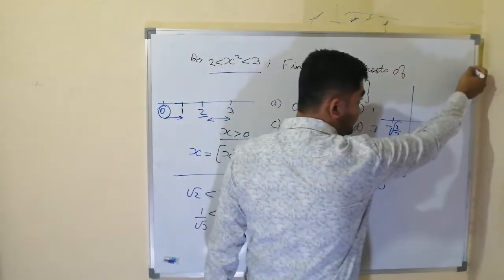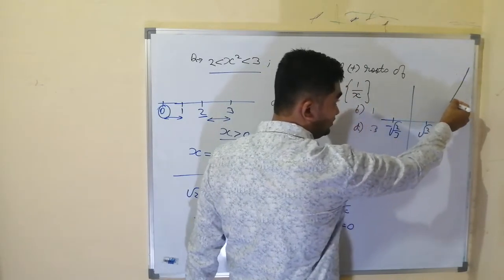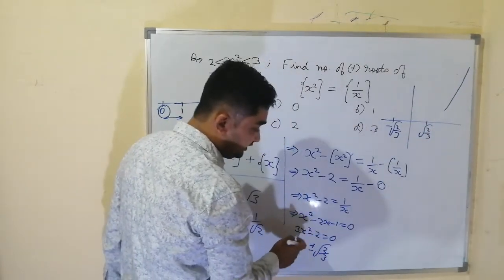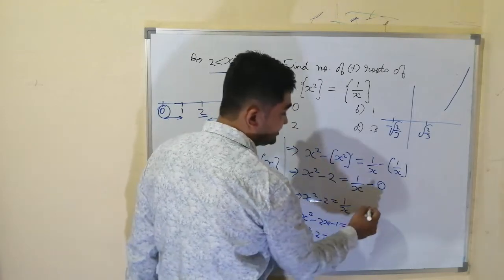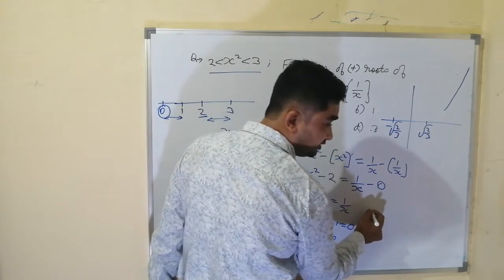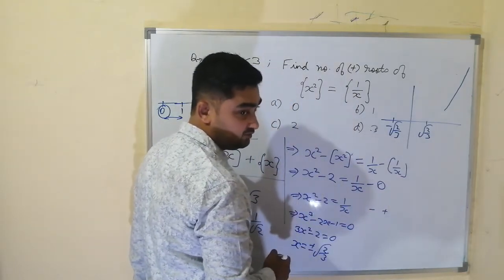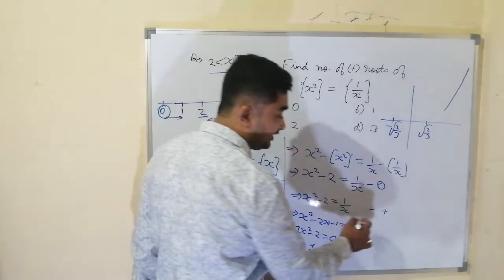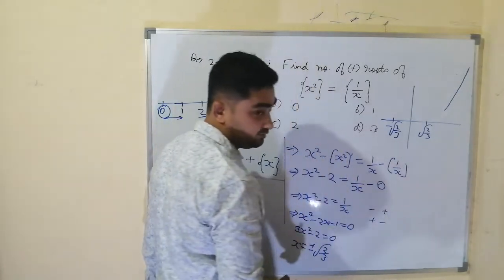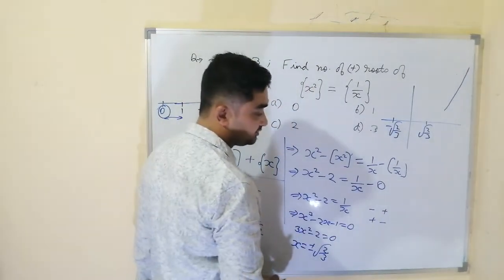Now, here it is infinity. It is coming down, down, down. Also we know whenever the sign of f dash x changes from negative to positive, at that point we will have minima. Whenever it changes from positive to negative, at that point we have maxima.